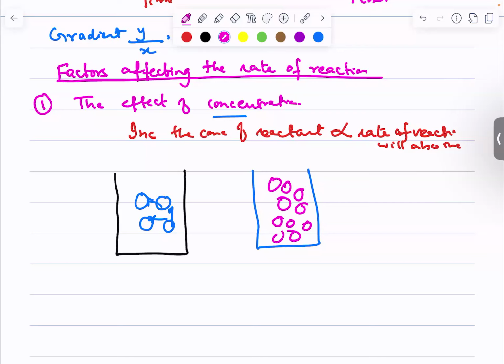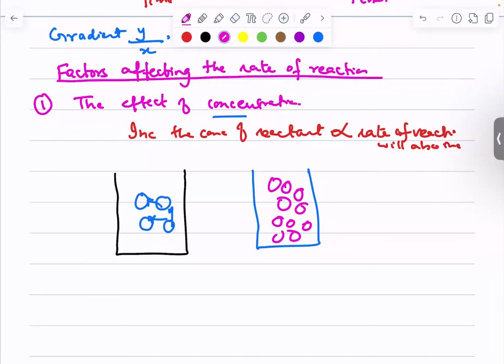So that means if we are going to increase the concentration of the reactant, the rate of the reaction would also increase. Why? Because more product will be formed. Why? Because more collision will take place. All right, try to digest it. If something is bothering you, I am going to discuss it with you. No, I understand.